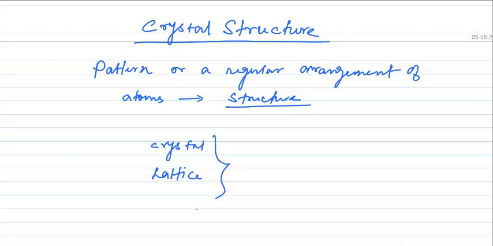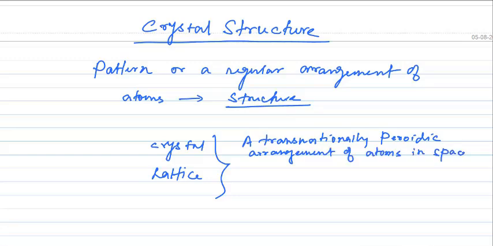If I define crystal, it is basically a translationally periodic arrangement of atoms in space. And lattice is a translationally periodic arrangement of points in space.